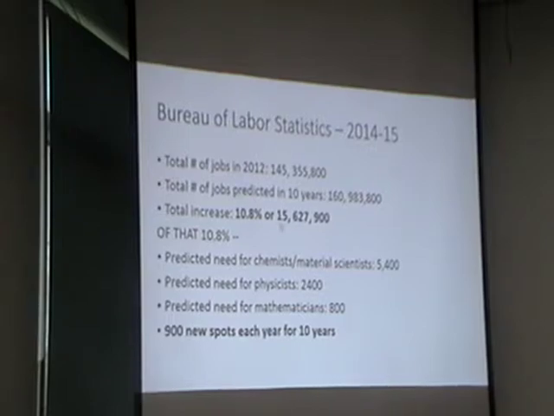That means we're talking 900 new spots each for the next 10 years. But again, that's that distinction. Parents and kids and teachers are being told those are where the STEM jobs are, but the real STEM jobs, to the extent there are STEM jobs, are skilled trades.